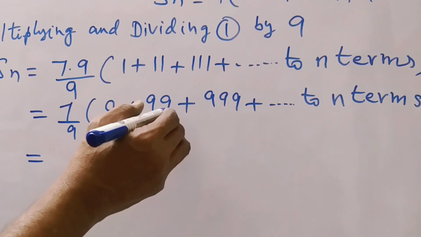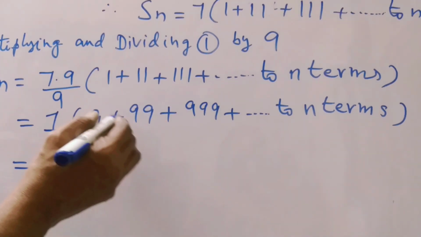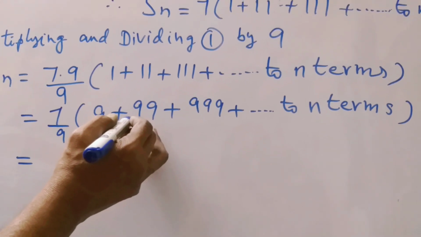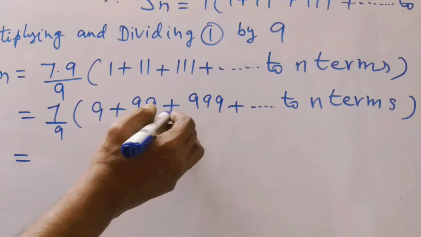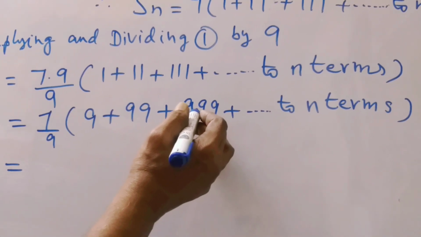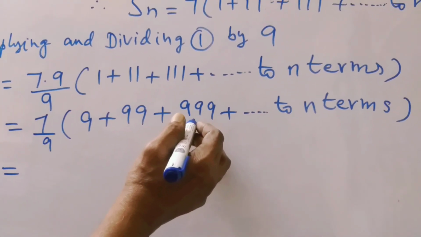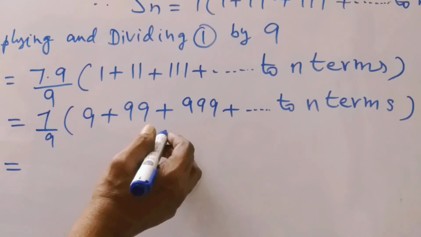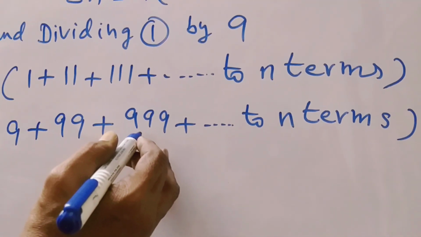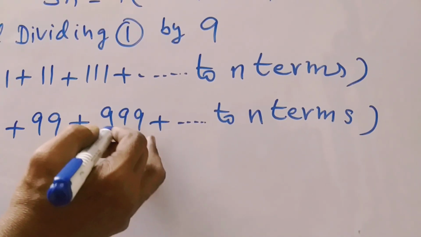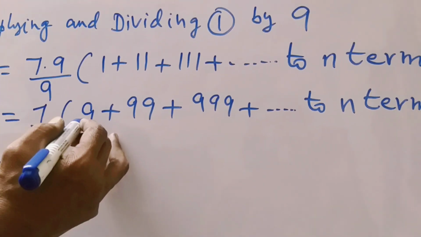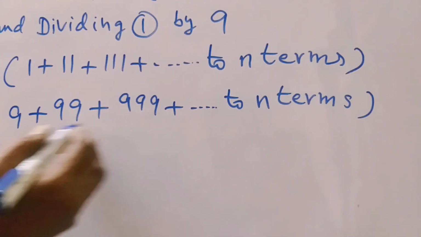9 plus 99 plus 999 plus and so on up to n terms. In this, 9 can be written as 10 minus 1, 99 can be written as 100 minus 1, and 999 can be written as 1000 minus 1, plus and so on up to n terms.